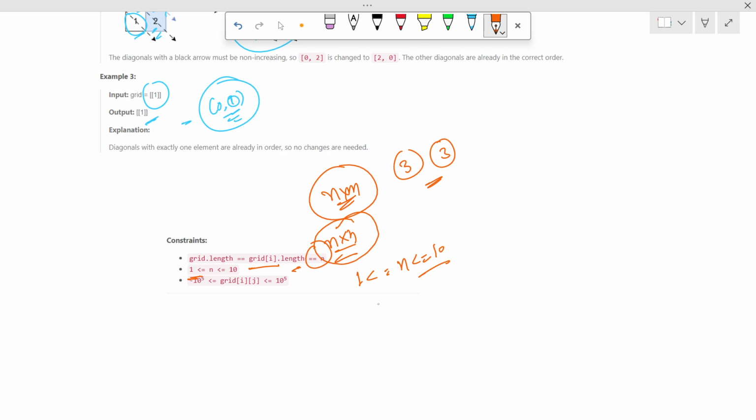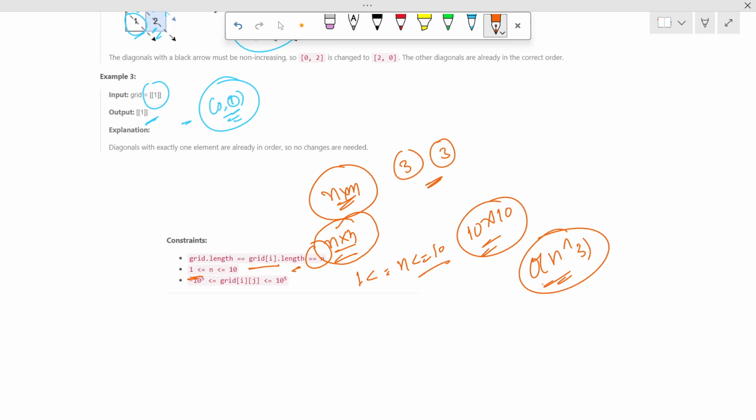It means the size of the matrix is at most 10 cross 10, and since n is small, an approach of O of n cube would still work efficiently.